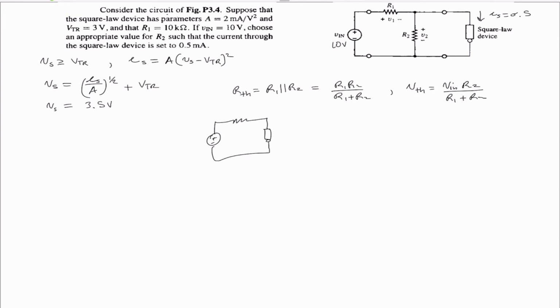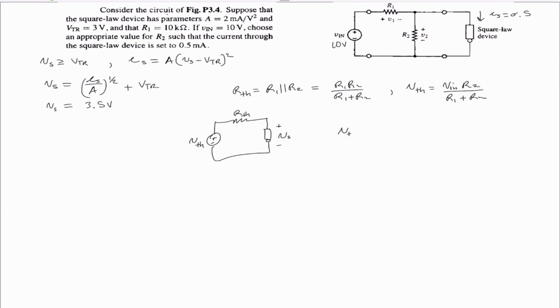And this is as follows: R Thevenin and V Thevenin and the square law voltage. To find R2, we apply KVL.